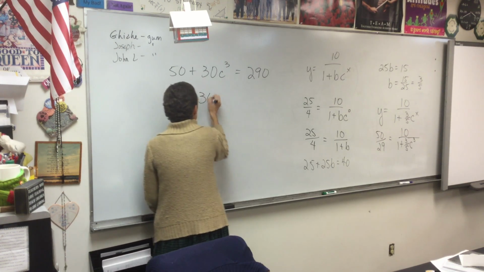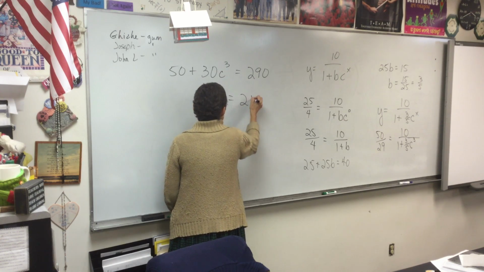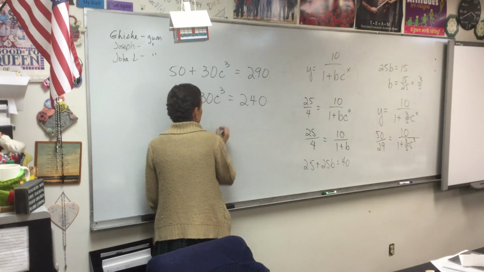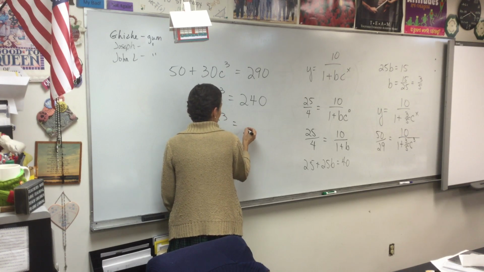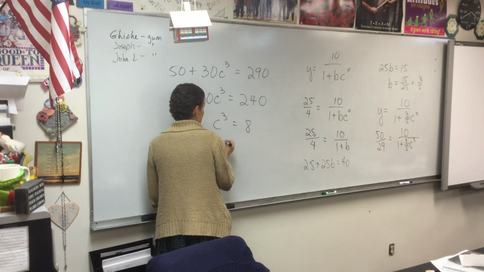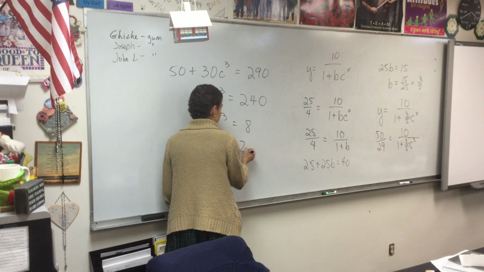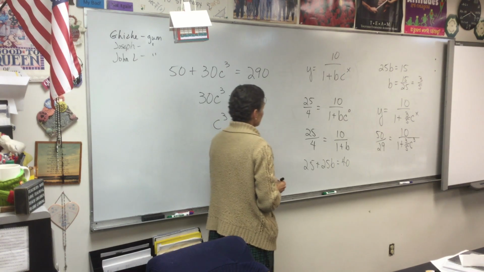So 30 c cubed equals 240. Oh, look at this. C cubed equals 8. So C equals 2. How beautiful is that?